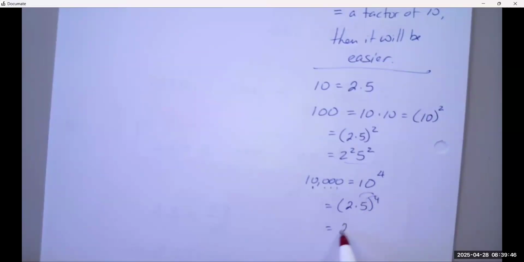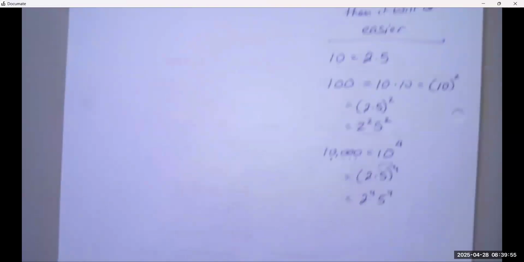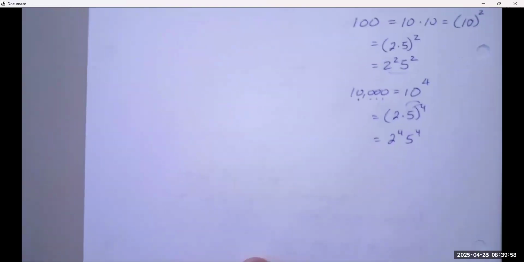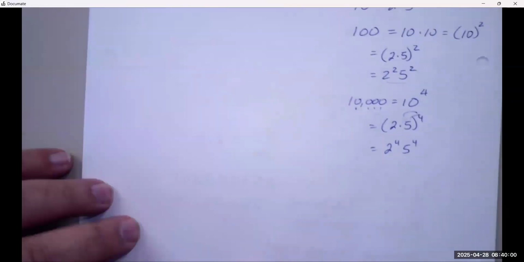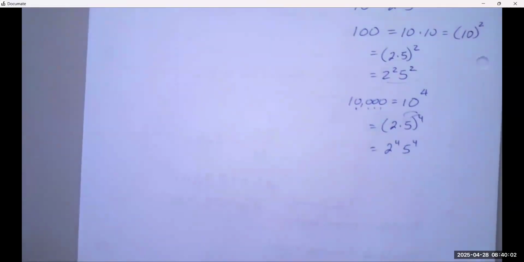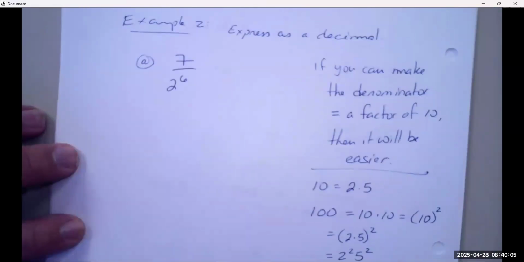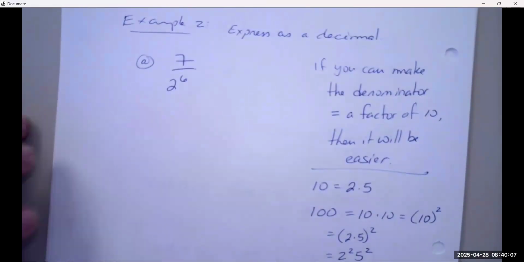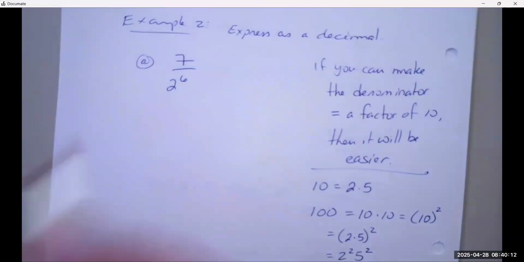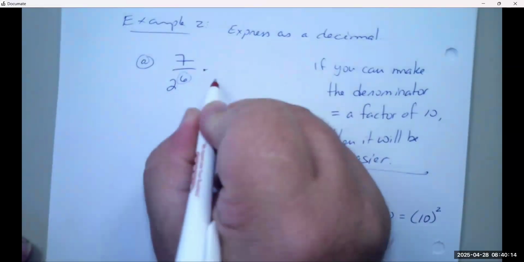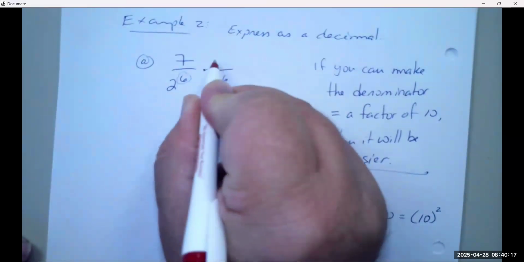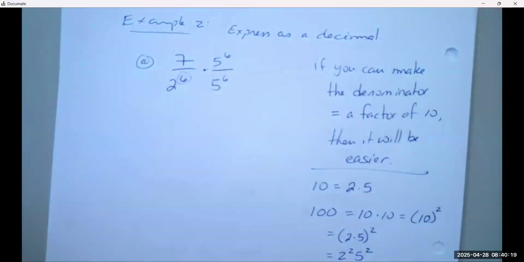By the exponential rules, whatever you have to do to make the bottom number a factor of 10, you can do it. So look at this one. What do we need to make a bottom a factor of 10? 5 to the 6. Right, we need 6 5s. So you can't just put it on the bottom, you have to put it on top also.